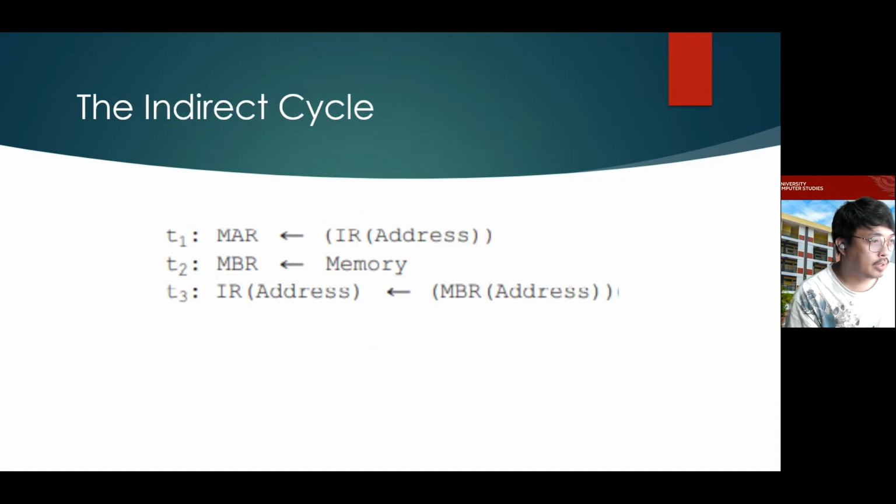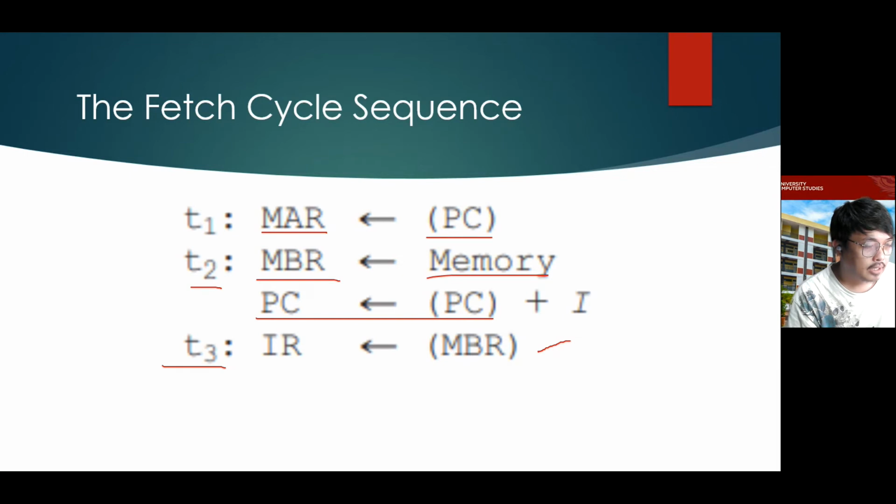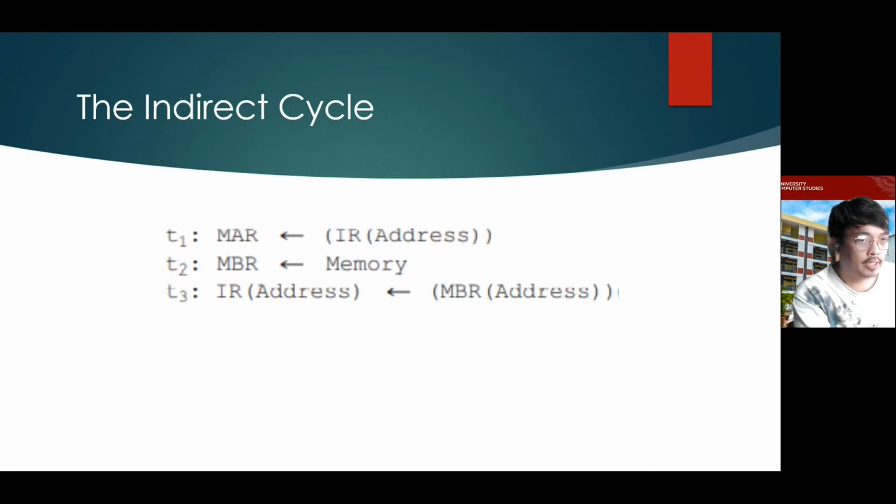Okay, let's go with the indirect cycle. Kanina yung fetch cycle, ngayon naman indirect cycle. Once an instruction is fetched, the next step is to fetch source operand. Yung magiging operands natin for the operation.